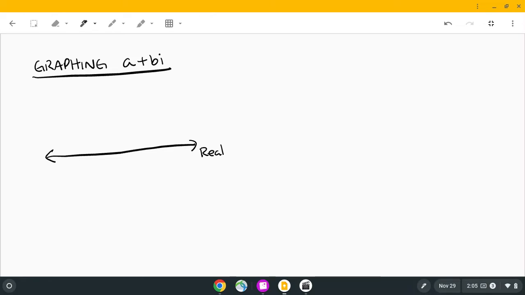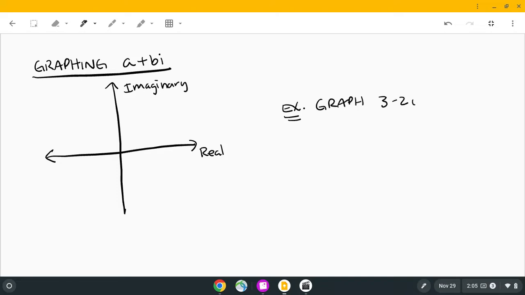This is the real axis. And this one here would be the imaginary. Maybe I want to graph something like 3 minus 2i.